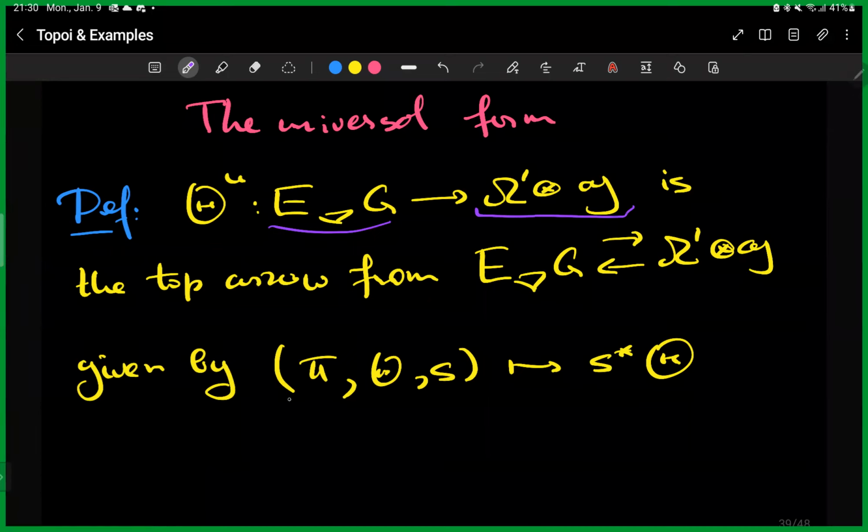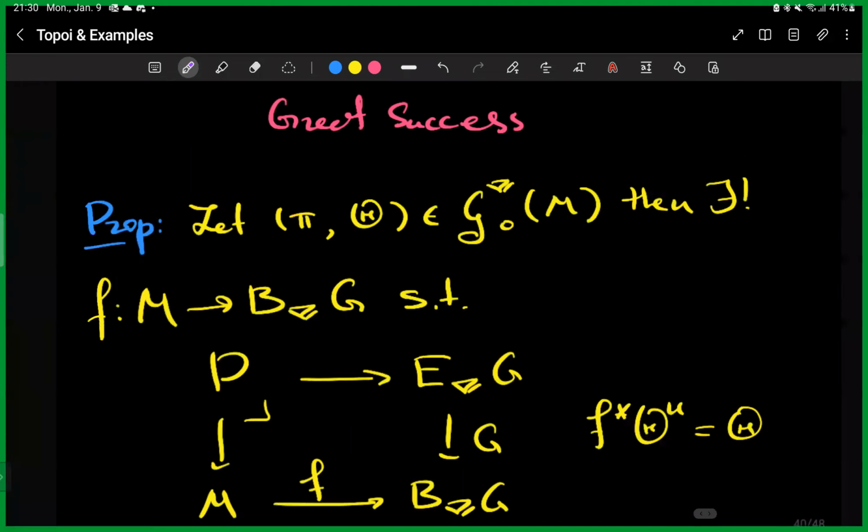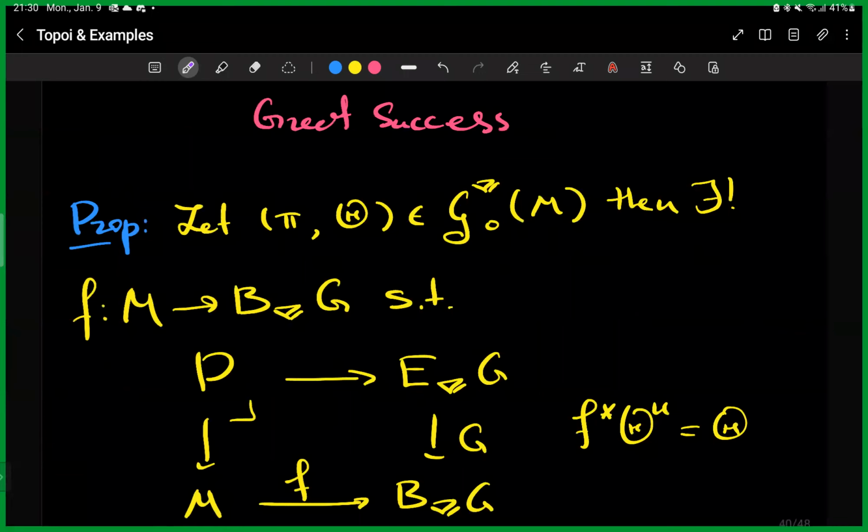And this morphism corresponds to mapping this triplet into this pullback of a form. So a pretty natural way to define the morphism.